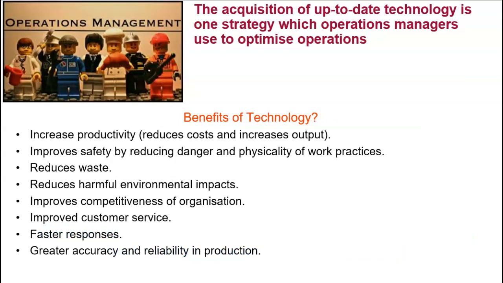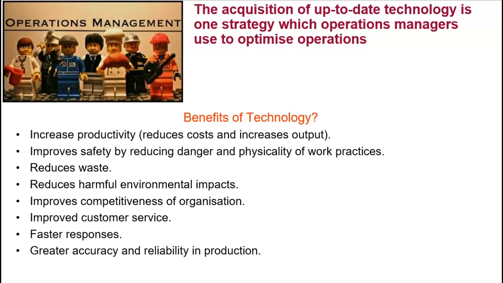So before we look at the specific strategies, what are the benefits of technology? These are just some of the things which you should be aware of. You don't need to know them all. If you know a couple of them, they're pretty obvious in this particular area. So we're looking at increased productivity, reducing costs and increasing output, and improving safety because you wouldn't have workers doing dangerous jobs that can be done by technology.